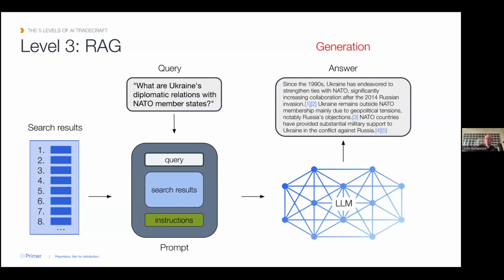So what's wonderful about RAG is, imagine yourself doing search as you have mere hours to write up that brief on Ukraine's diplomatic relations with NATO. Yes, you could just use search, just one query after the other.